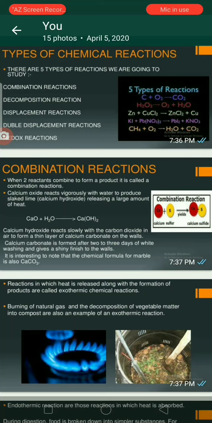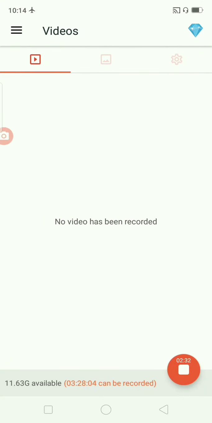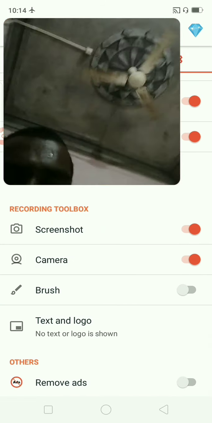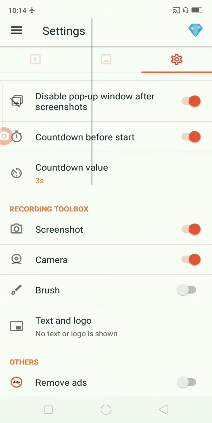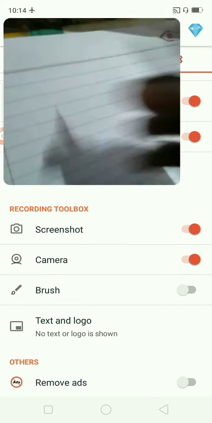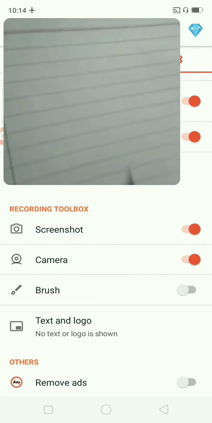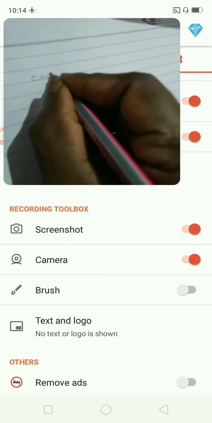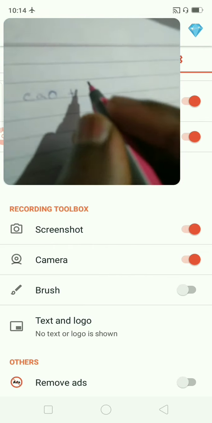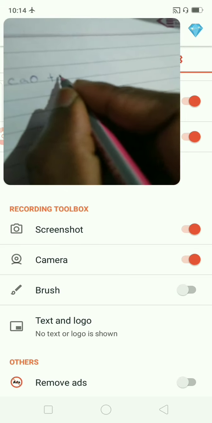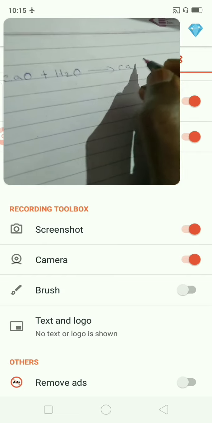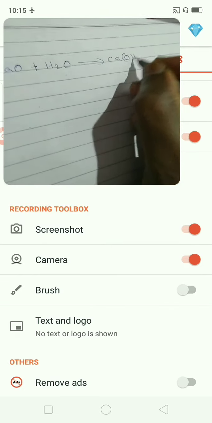This calcium hydroxide, that is the lime water, just follow this. The first reaction, this one, is written: calcium oxide reacting with H2O, we get calcium hydroxide.